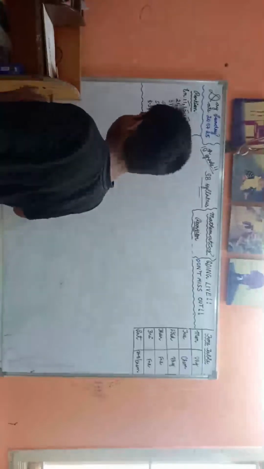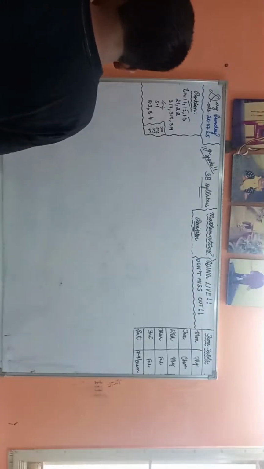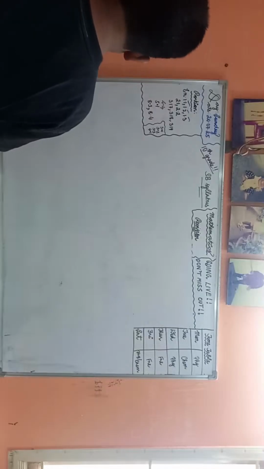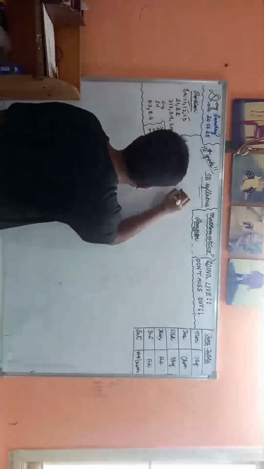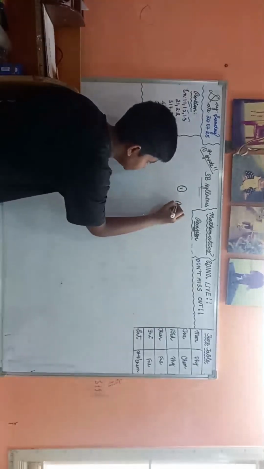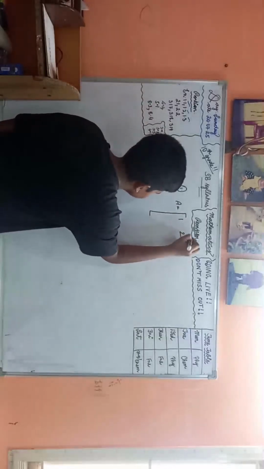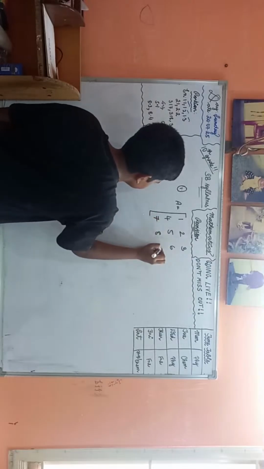So now, next we will go to 3.17. So guys, matrix is actually kind of the easiest exercise known to mankind. So imagine A is equal to 1, 2, 3, 4, 5, 6, 7, 8, 9.